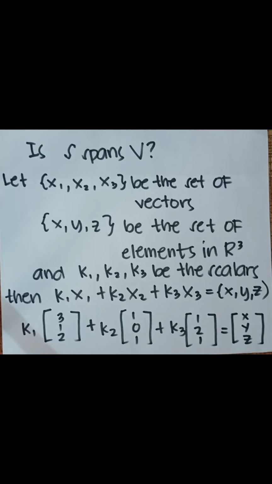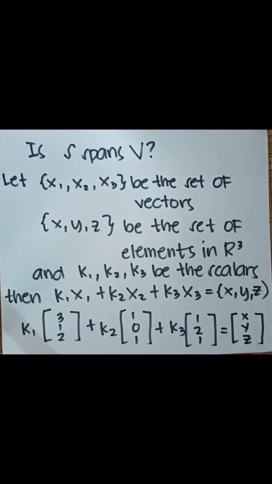So our goal is to answer the question: does S span V? Let x1, x2, x3 be the set of vectors, let x, y, and z be elements of R^3, and let k1, k2, and k3 be the scalars. Then k1 x1 plus k2 x2 plus k3 x3 is equal to (x, y, z).